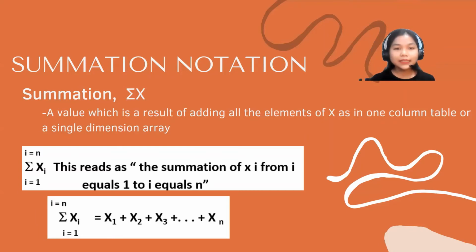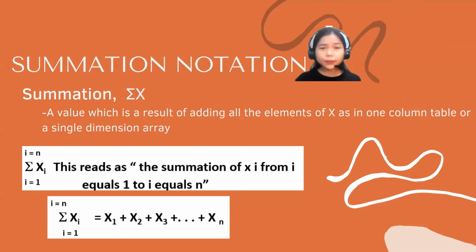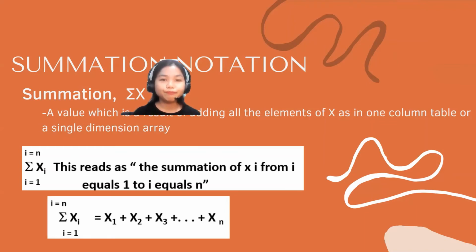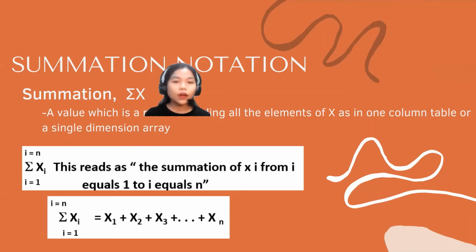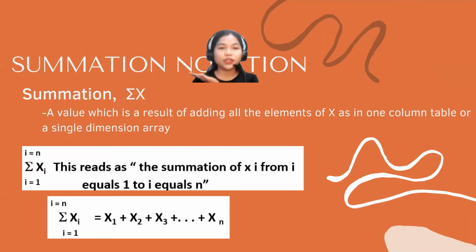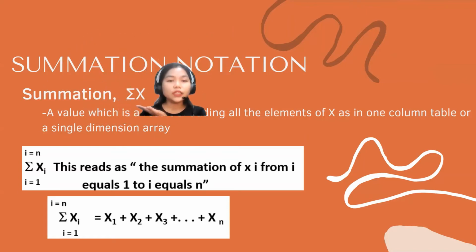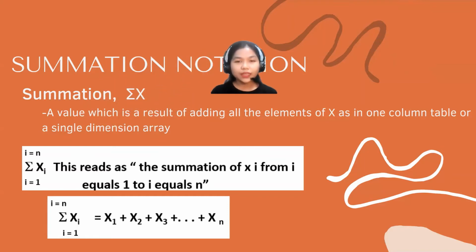Now, here's the real deal about summation notation. Just a reminder, this is not a warning, that all of the time we will be using the sigma sign in summation notation. So summation notation, we have the sigma x, right? Summation is simply adding all the elements, or adding an array of numbers.